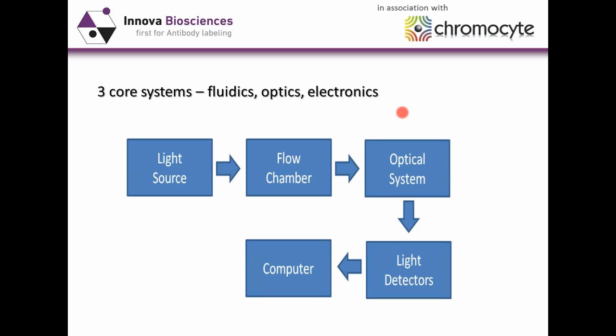And again, we'll go back into that in more detail in a few minutes. One needs an optical system, which allows the collection of the optical signals. We also need the light detectors, which allow those optical signals to be converted into electronic signals, which can then be collected and analyzed by the computer and the associated software.